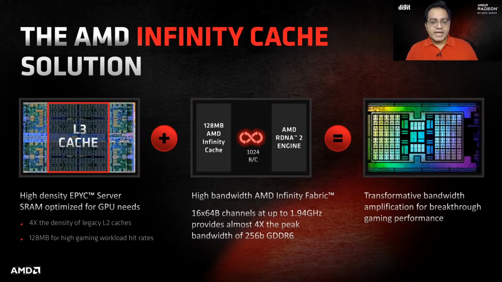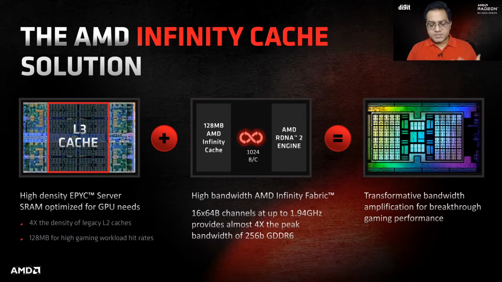Now, the Infinity Cache works with the Infinity Fabric and allows for much higher bandwidth to be provided to the GPU. Think of the Infinity Cache as a L3 cache, but a massive L3 cache. It's 128 MB of L3 cache placed right next to the GPU. So it's a lot of storage and it's very fast storage thanks to the Infinity Fabric interconnect.